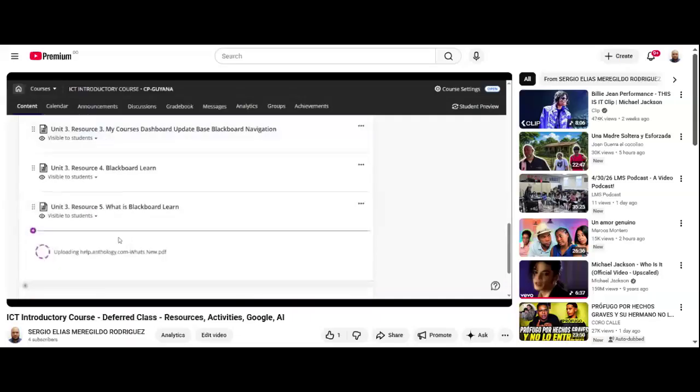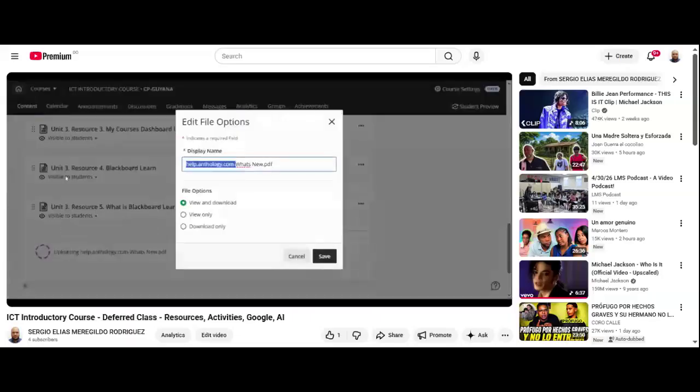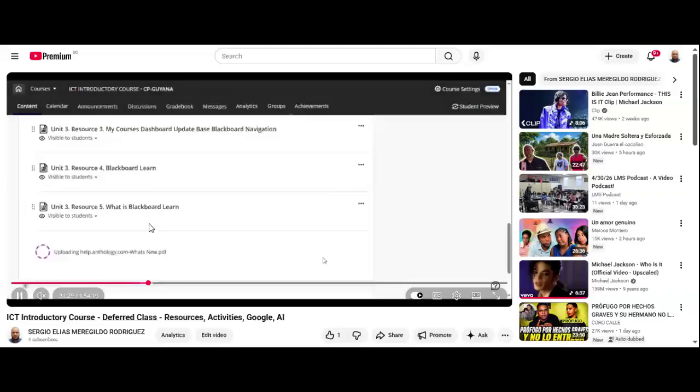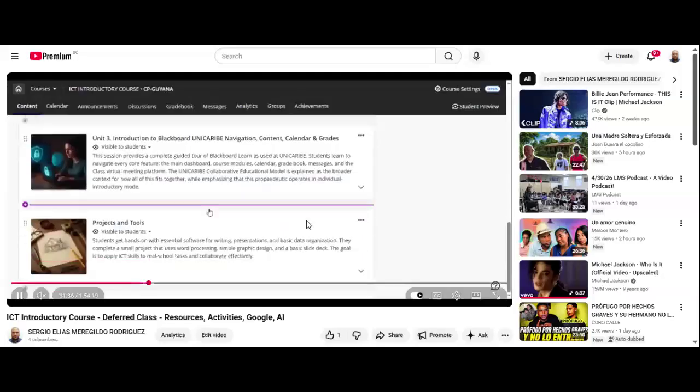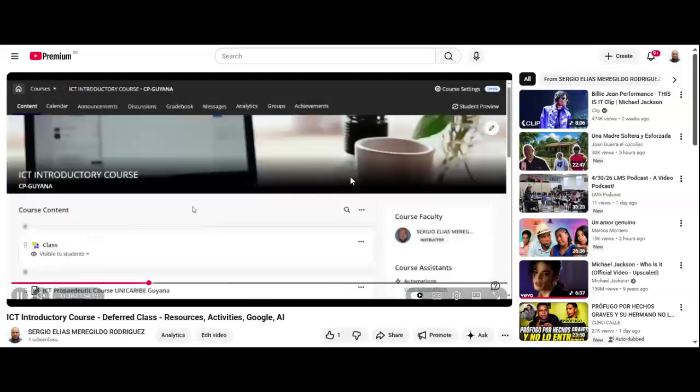You are free to complement that activity, that resource, and find out in other places, in other sites, the precise information that you need. If you think that the resources you found there are enough, then you develop your activities and upload your work.